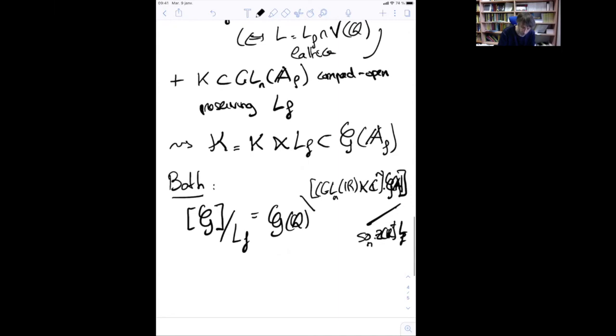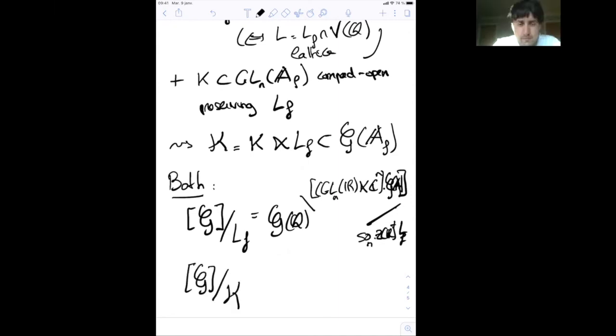And similarly, we can just consider the quotient by K, meaning we just quotient by the compact open subgroup on the right.